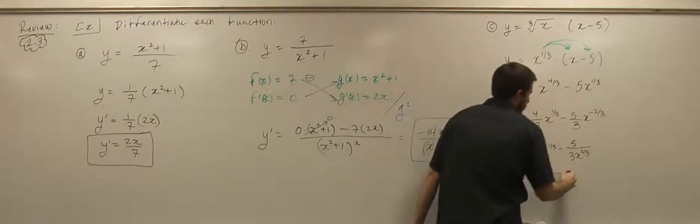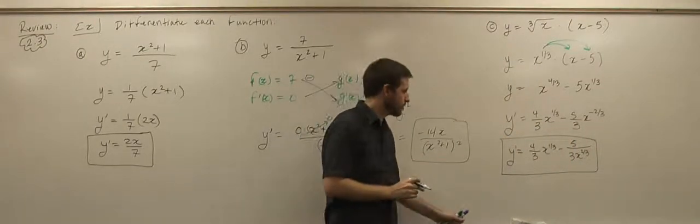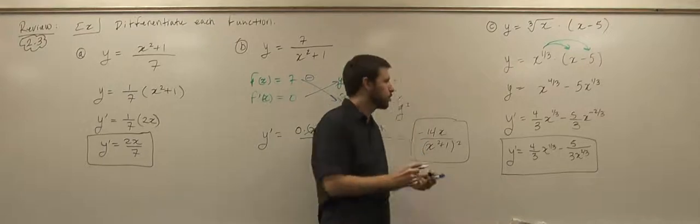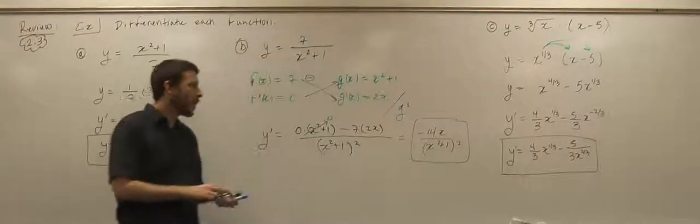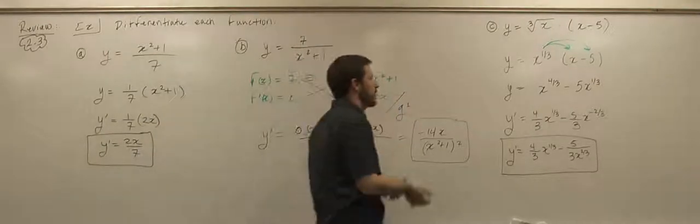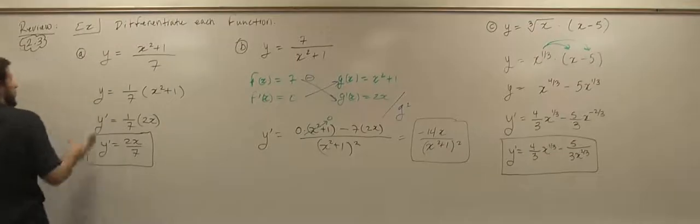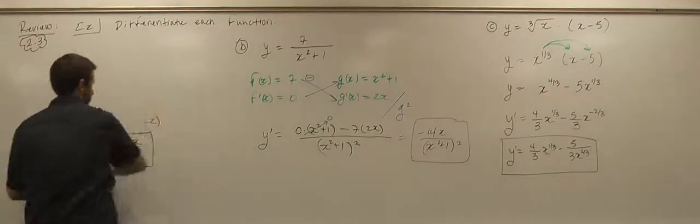Get rid of your negative exponent. So that's probably a little faster than the product rule. Probably, I don't know. Depending on who you are. Maybe you guys are product rule ninjas. Bust it out.